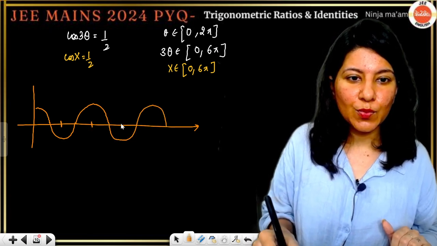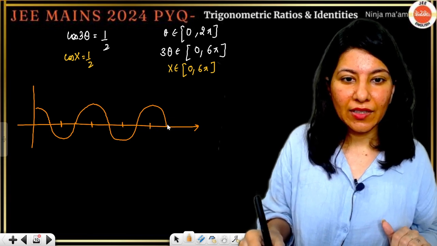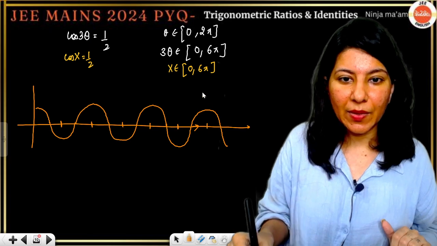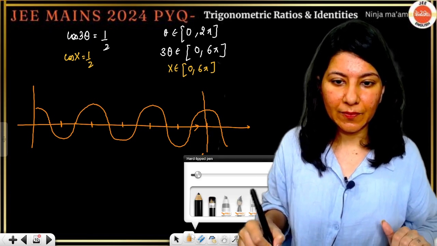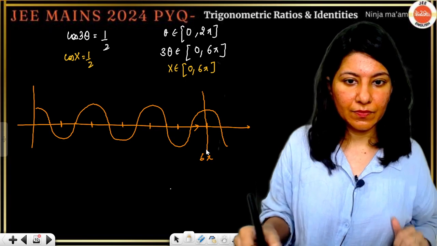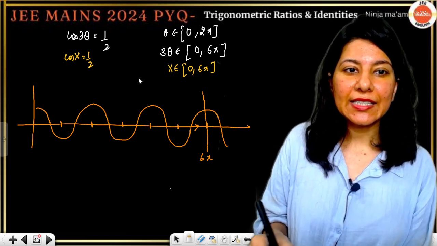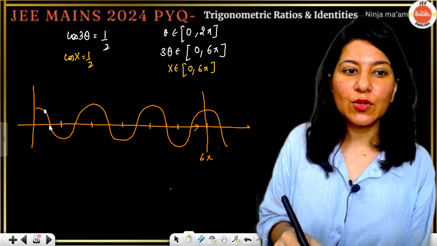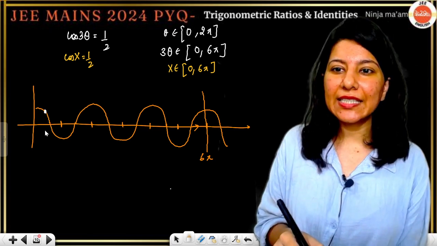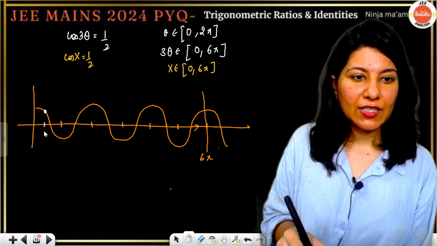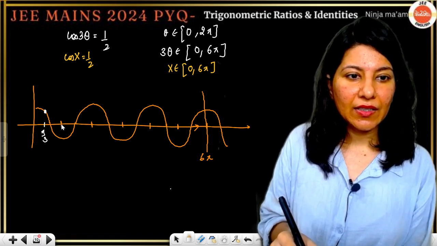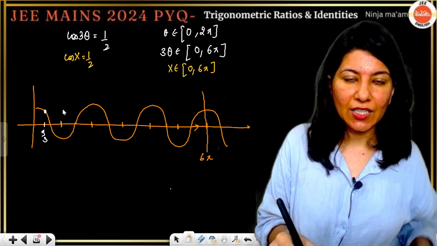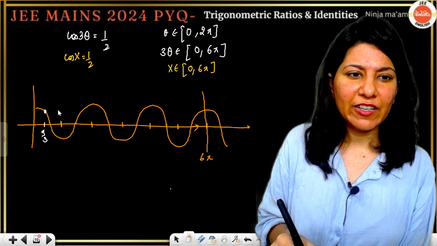This is pi, this is 2 pi, this is 3 pi, again 4 pi, 5 pi, 6 pi. So cos x is now equal to half. So x is this. This is 60 degrees, pi by 3. So this is pi by 3.